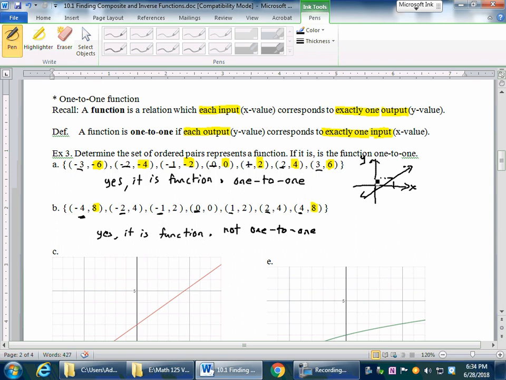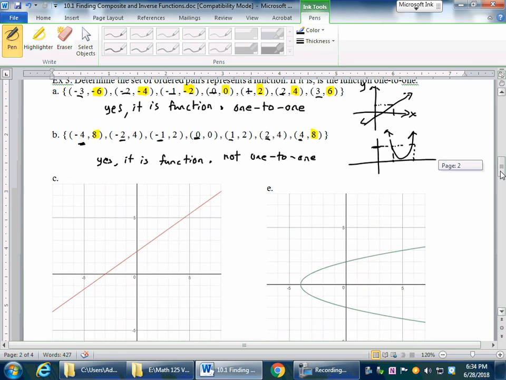So that's a one-to-one function. The second case will be something like a parabola. For each x, there is exactly one y. But for one y value, it will go back to two different x values. So that cannot be a one-to-one function. It is a function, but not one-to-one anymore.